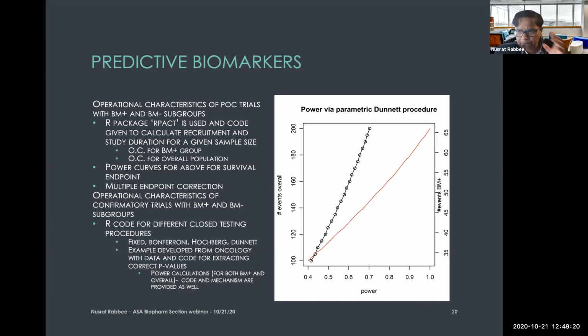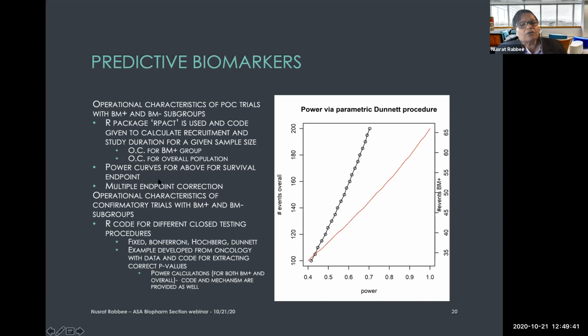So the overall, depending on the prevalence of the marker, maybe something like 0.7, 0.8. You can also model recruitment frequency, dropout, and so all those operational characteristics are obtained, which I provide.